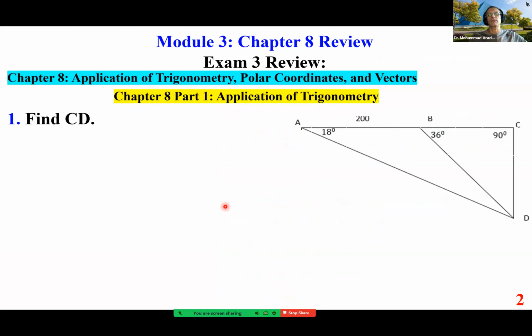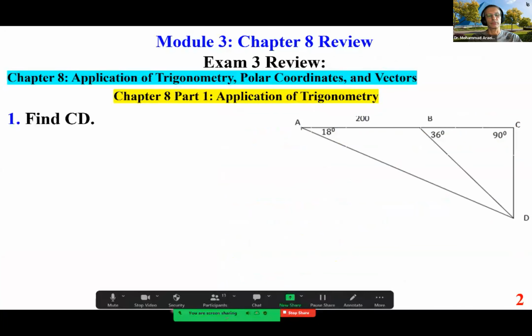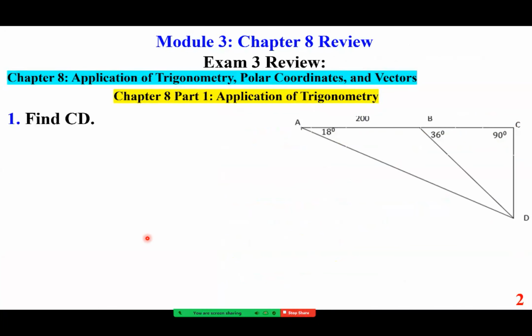All right, we are given the setting and we want to find CD. There are different ways of approaching it. For example, if you look at this angle, it's a straight angle, 180 degrees, therefore the angle ABD must be 144 degrees, because the sum of these two must be 180.